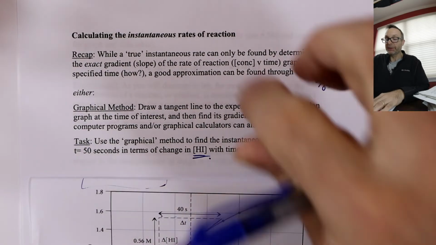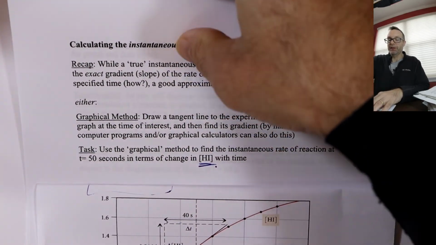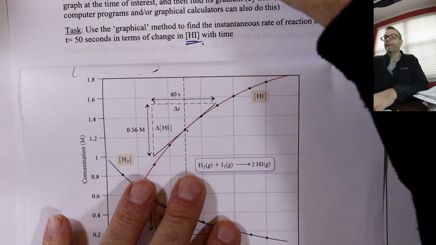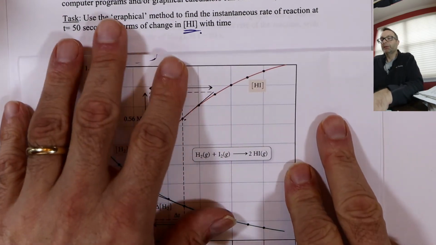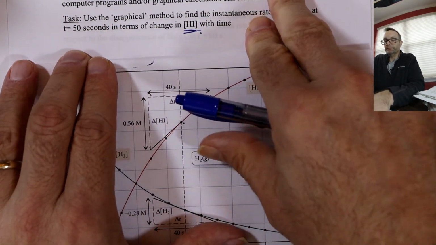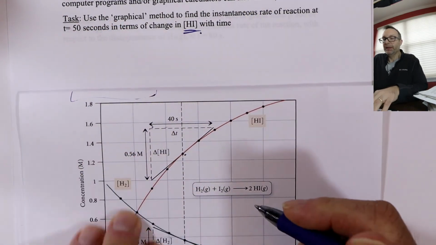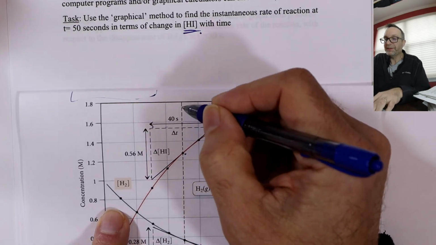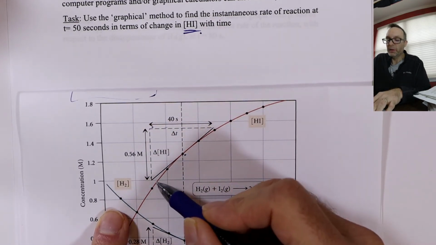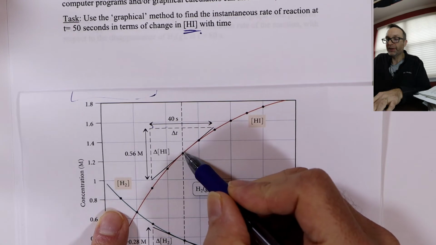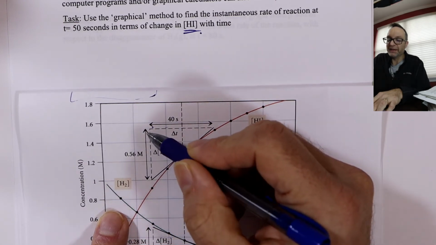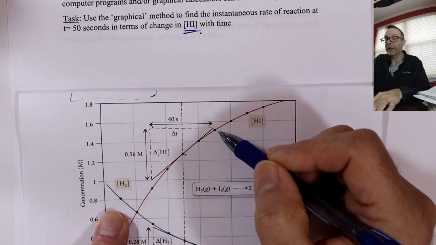So you move this up. There. So at 50 seconds where this line is drawn, we draw that tangent so it touches there, and then we have rise over run.